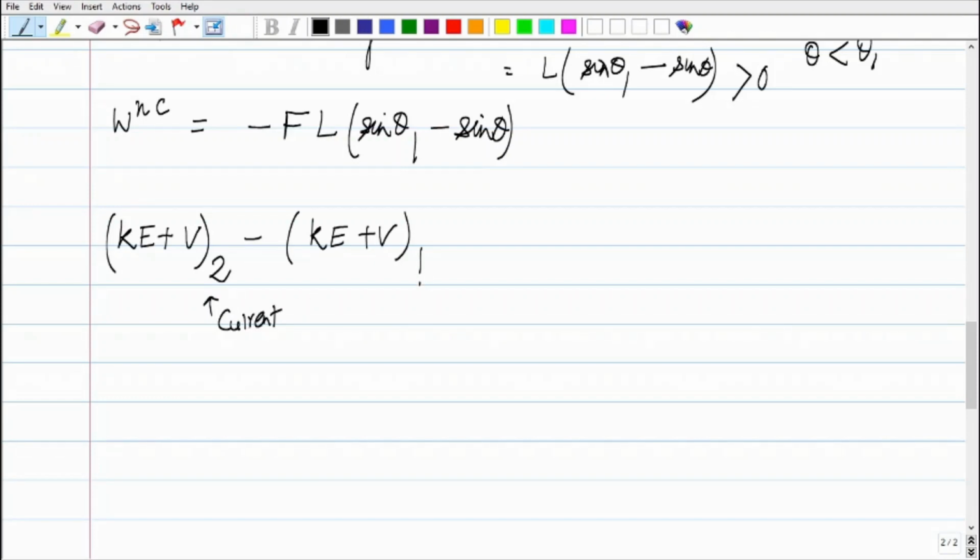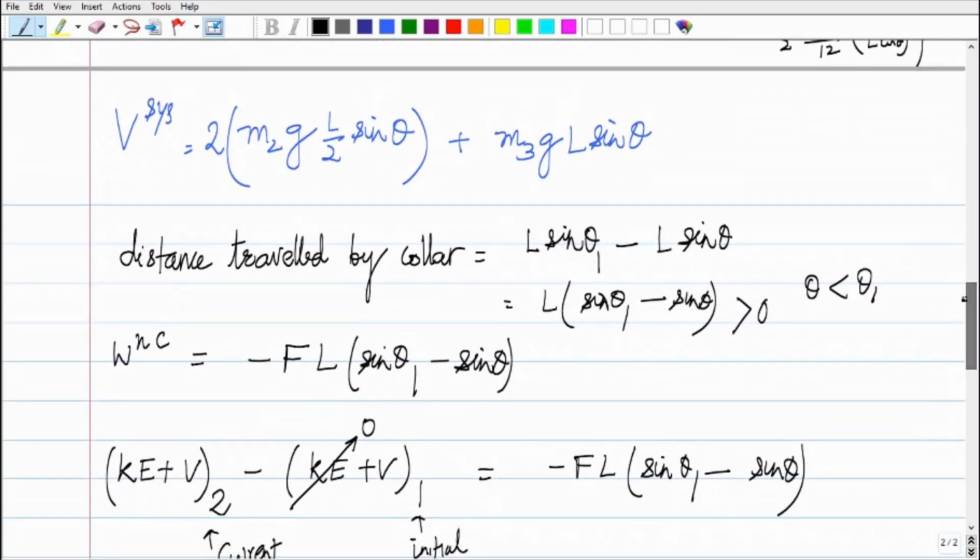That's equal to the work done by the non-conservative force, minus FL into sine theta 1 minus sine theta. And you see, initially it has got no kinetic energy, so this is 0. And it has of course got some potential initially. Right? You simply have to plug in theta equal to theta 1 here for initial potential.